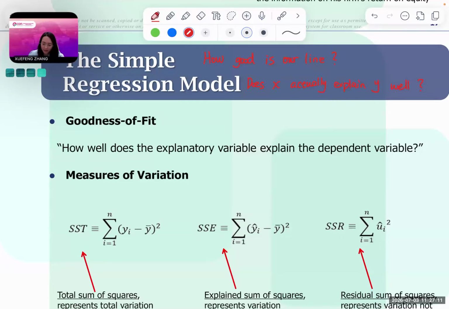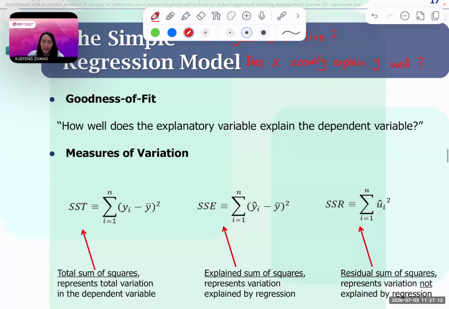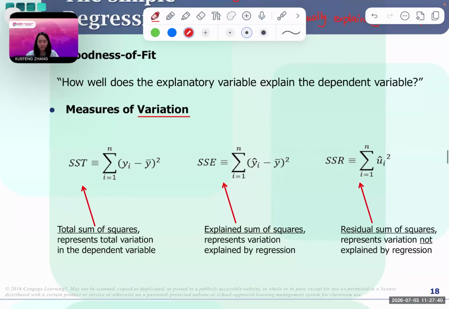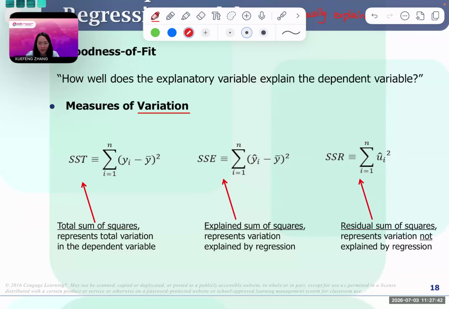The big idea is about variation. Think about wages. People earn different amounts, some high, some low. That's variation in Y. So our regression line tries to explain that variation using X, right? Because we try to use X to explain Y. So some variation is explained by our line, but some variation is still unexplained.